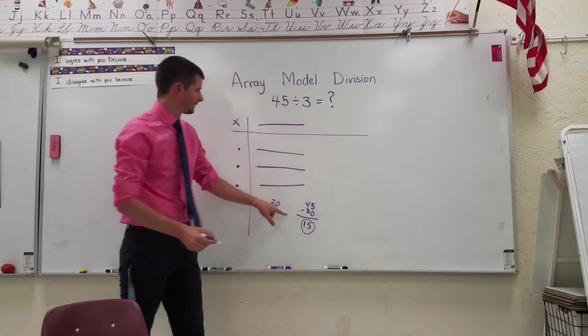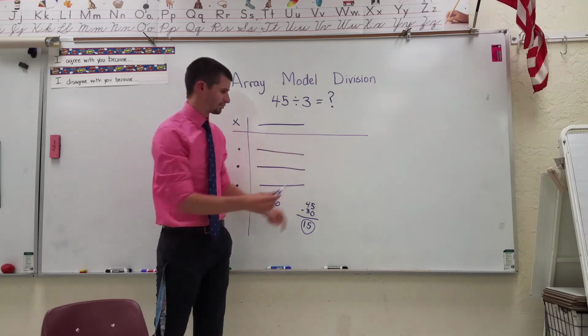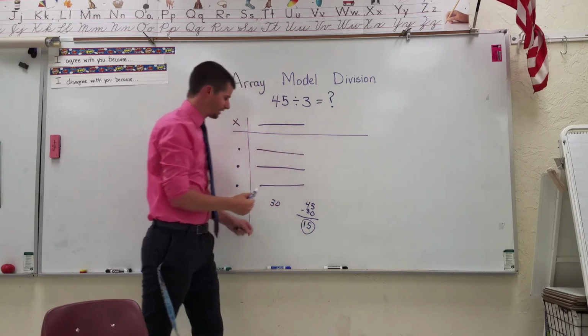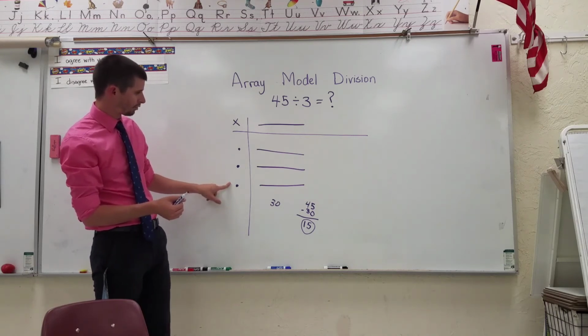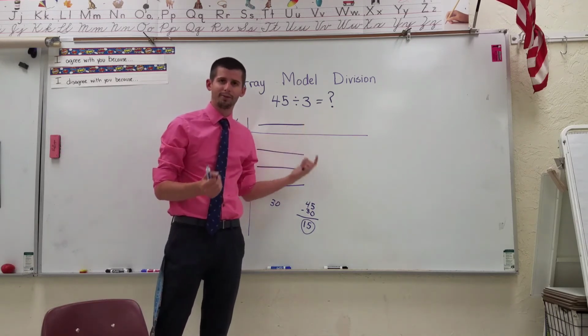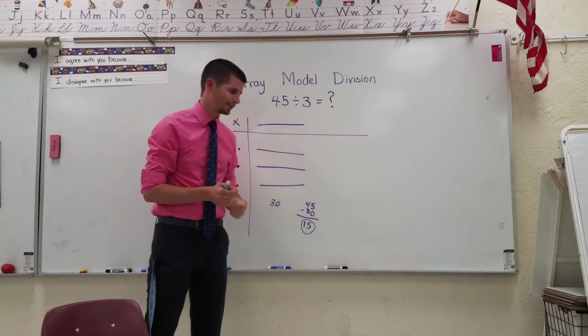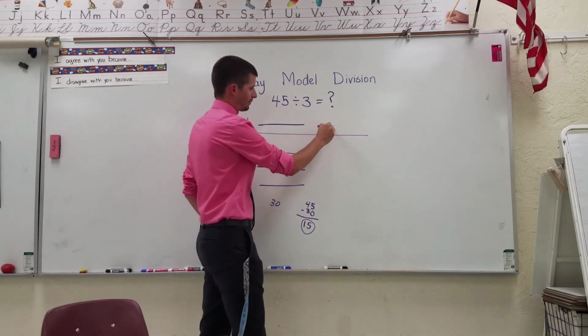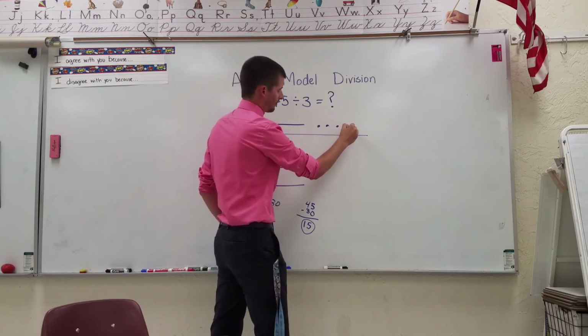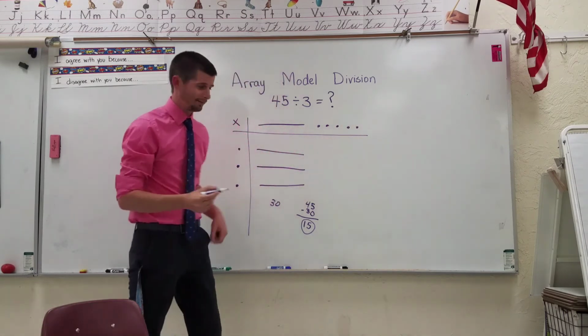So now I need to create an array in here that will give me 15. So 3 rows of what will give me 15? That's what we're asking the students. So 3 rows of 5 will give us 15 because 3 multiplied by 5 gives us 15.